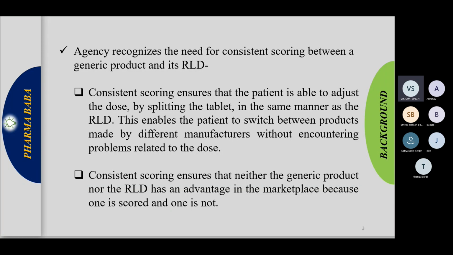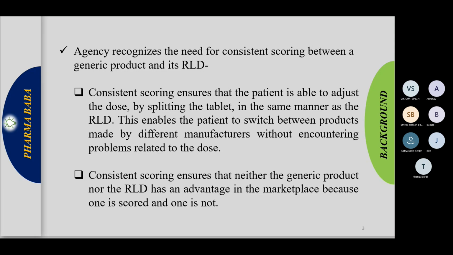That is what the generic industry is for. So if the RLD has the scoring and the generic product comes without scoring, then somewhere the patient gets compromised. The patient doesn't get what he is paying for.